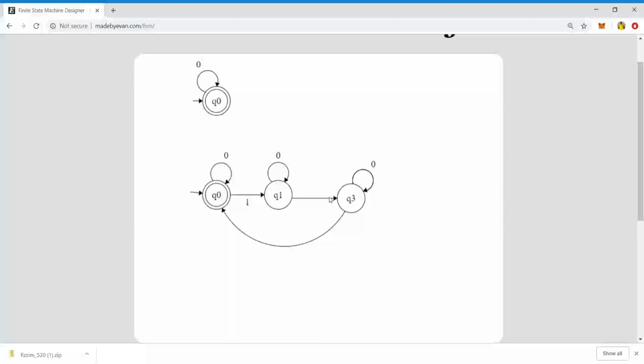Now you can find this is a complete solution for this given problem, and you can check it out. This final solution accepts all the strings which have a number of ones that is a multiple of 3.